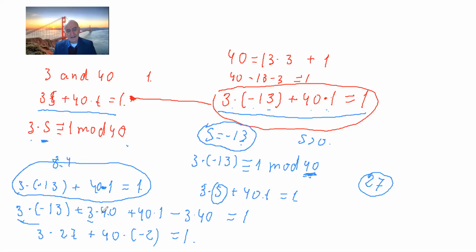Then I can add 3 times 40 and subtract, and I have this expression. And from this expression, we can conclude that 3 times 27 is congruent to 1 modulo 40.